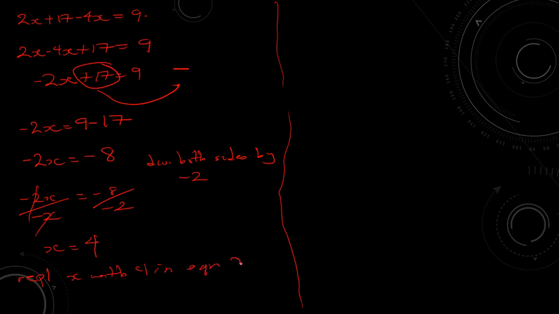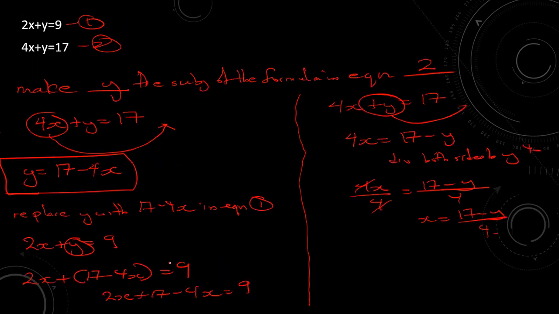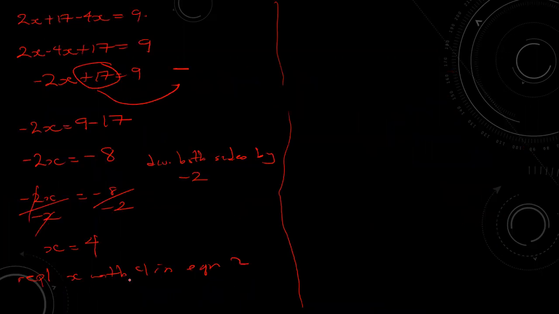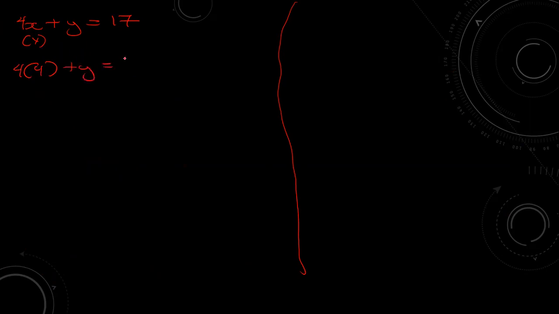Equation 2 is 4x plus y equals 17, and x is 4, so that'll be 4 bracket 4 plus y equals 17. You have to put in the bracket first. The bracket means there will be multiplication. So 4 times 4 will be 16 plus y equals 17.